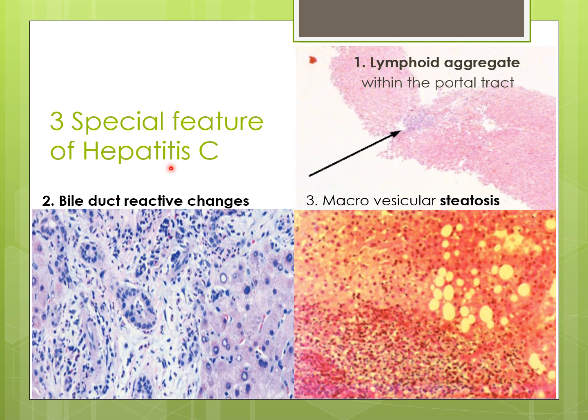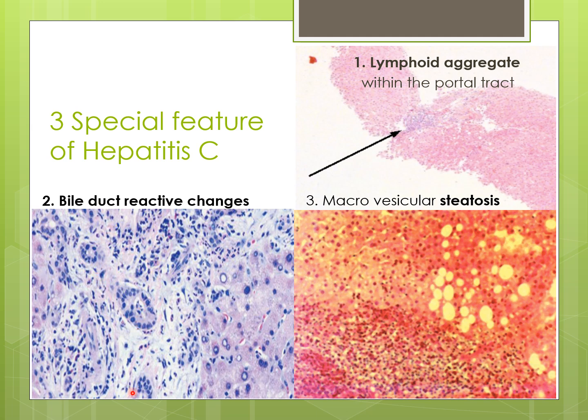Hepatitis C is the second chronic disease. So one is hepatitis B and hepatitis C. They cause chronic hepatitis. Hepatitis C has 3 special features: collection of lymphoid aggregates within the portal tract. This is the lymphoid aggregate here. There's reactive proliferation of the bile ducts, reactive changes in the bile ducts.